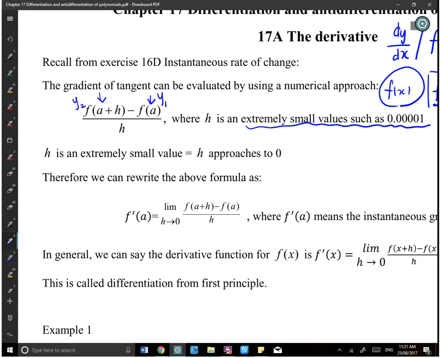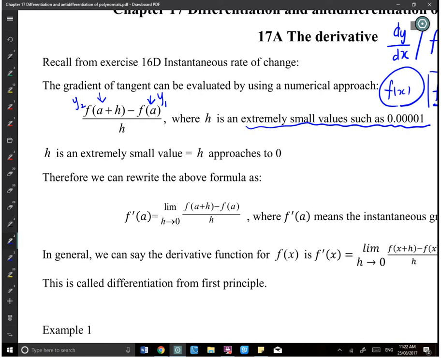If it's extremely small and keeps decreasing, what will it reduce to? 0. Like infinitely many zeros and then a 1, that's approximately 0. In other words, I want it approaching 0.